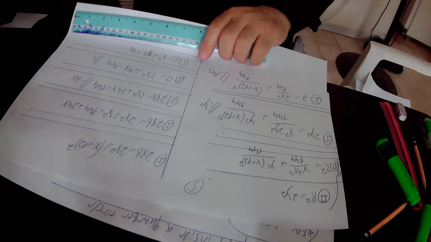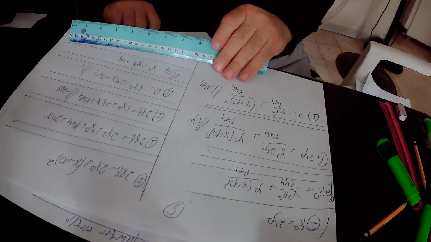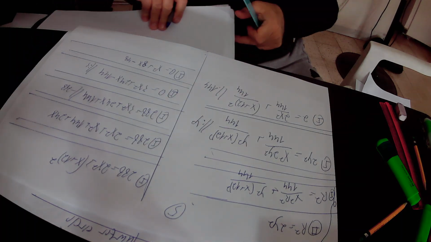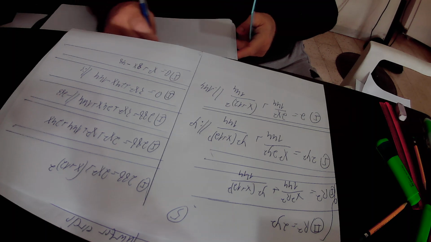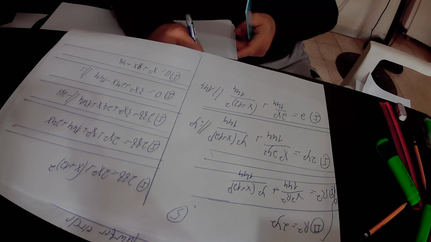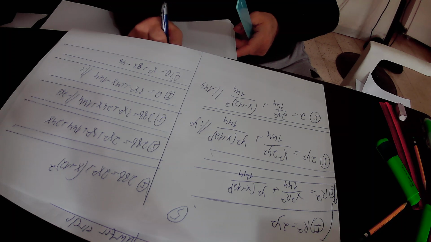So actually, according to equation 1, we found out that x squared plus 8x minus 48 equals 0.